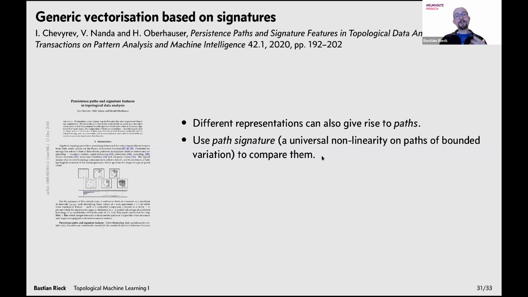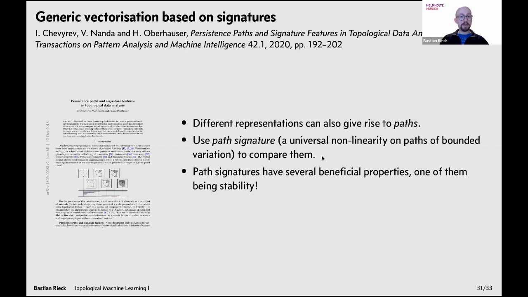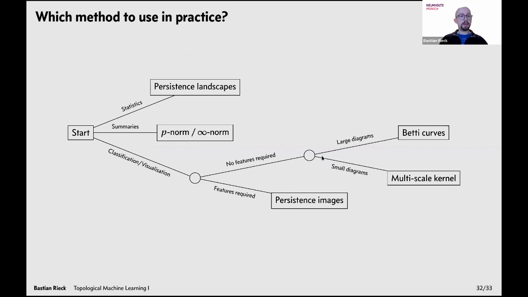It's a universal nonlinearity on the paths of bounded variation, and you can use this type of signature to compare the diagrams. One of the advantages of this type of vectorization is that you gain a lot in stability. One of the disadvantages is that it is very computationally heavy. I like the results in this paper, and I urge you to check it out as well. At the same time, I'm not sure how scalable this would be for bigger data sets, but maybe I could be missing something here in the calculation.